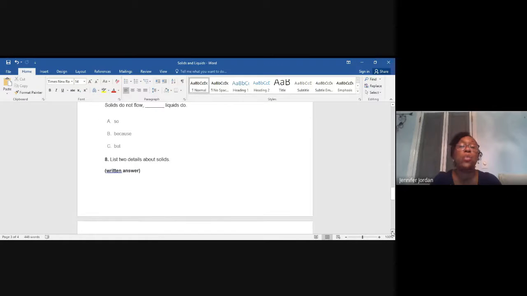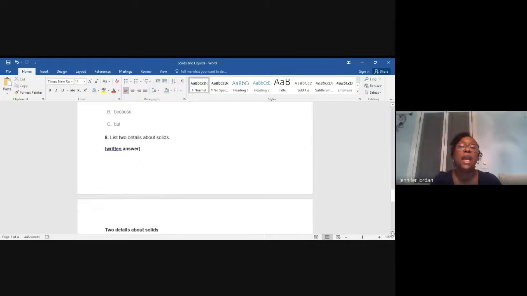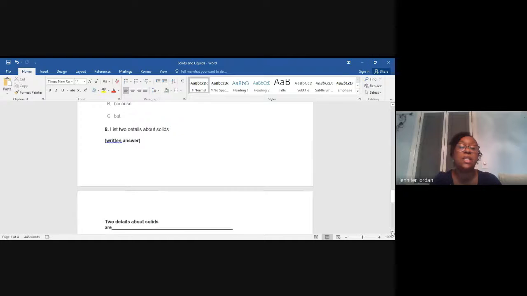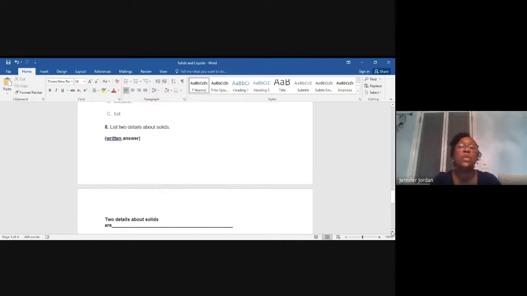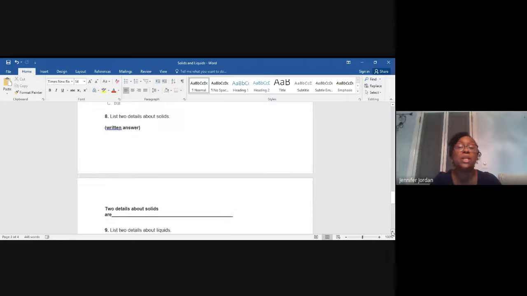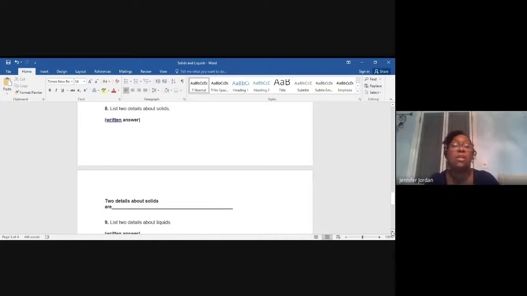Write your answer down. We're on number 8. And so you will be writing a sentence. Okay, write 2 details about solids, or you can list them. And I got you started there. Go back to the beginning and find 2 details about solids.